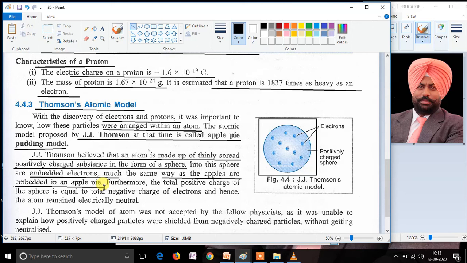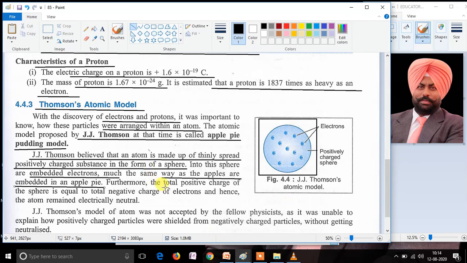It means electrons are not present in the full space of the sphere. They are present at very few areas inside the positively charged spherical mass.